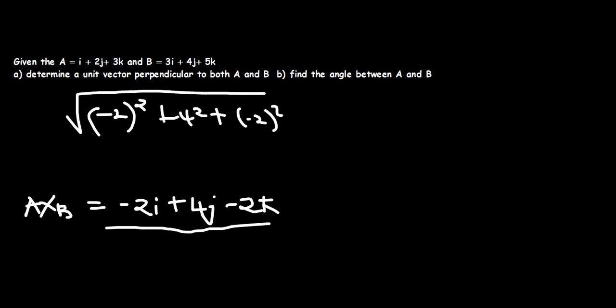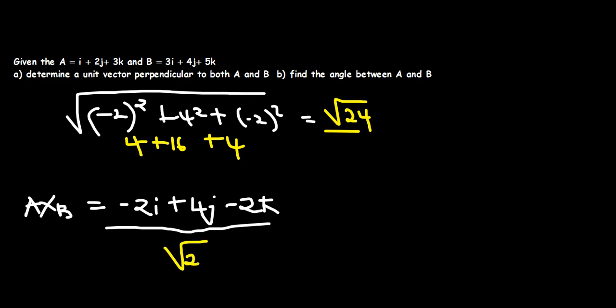So we're going to have 4, then 16, so it will be 4 plus 16, and then plus 4. This will be 24, so it will be the root of 24, and the root of 24 does not have a perfect root. So the unit vector will just be this same vector divided by the magnitude.